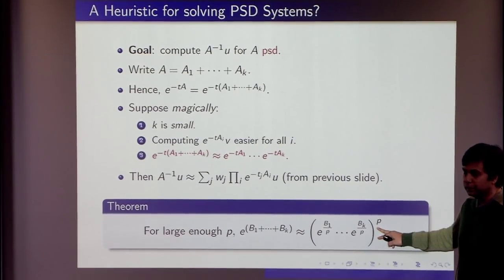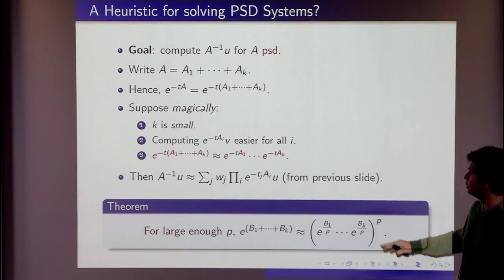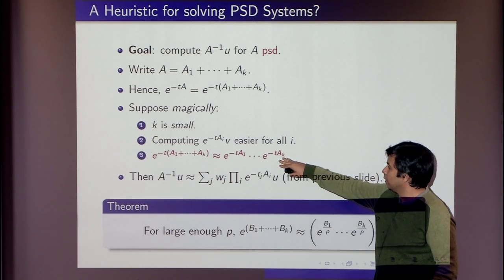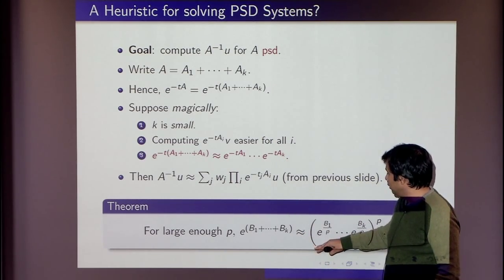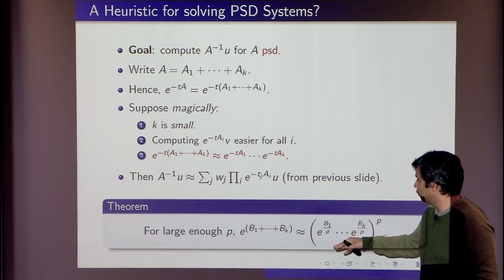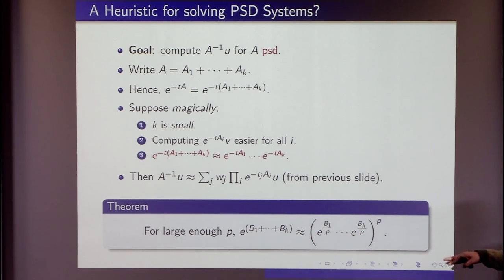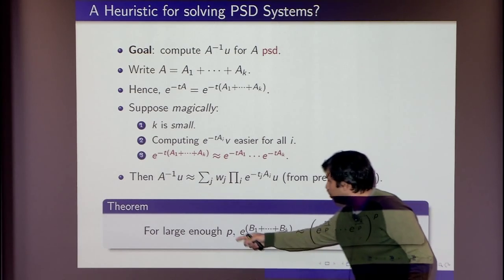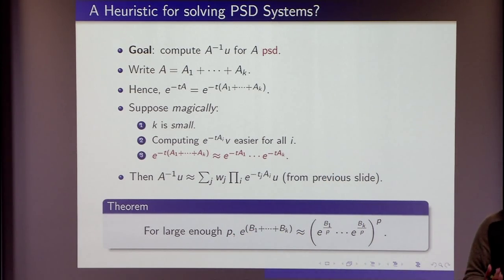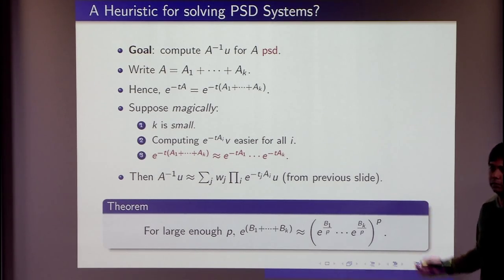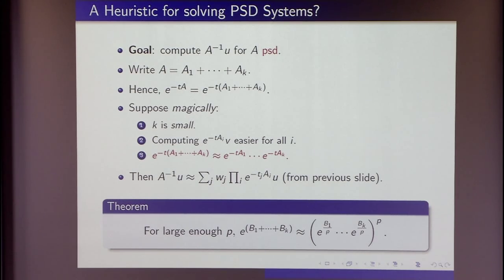So approximations of this form are definitely an approximation to the thing that you're trying to do. The question is, how big a p do you need? And hence a heuristic. It's possible that for certain settings you could get p to be small.